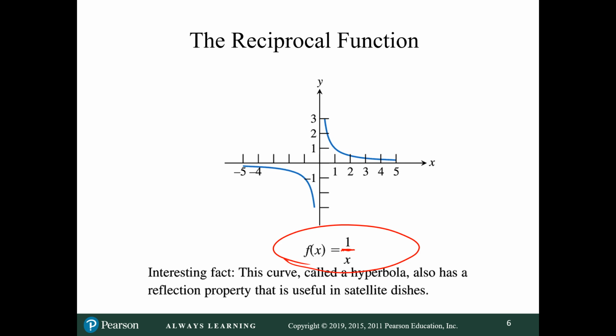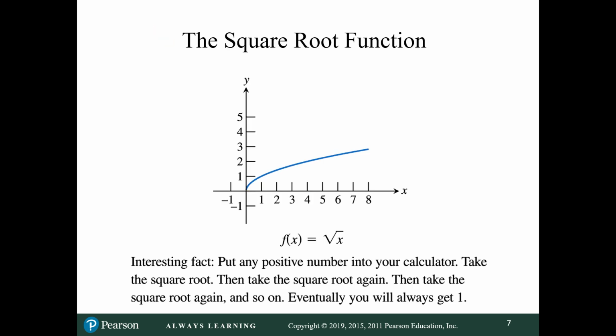And every one of these we're going to manipulate in one way or another. So that was number 4. Number 5 is the square root function. F of x equals the square root of x.